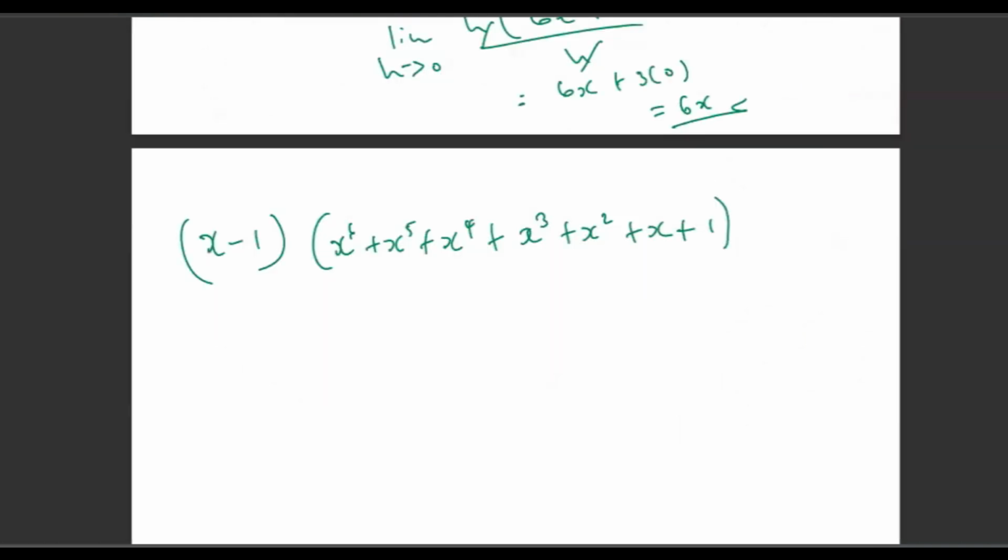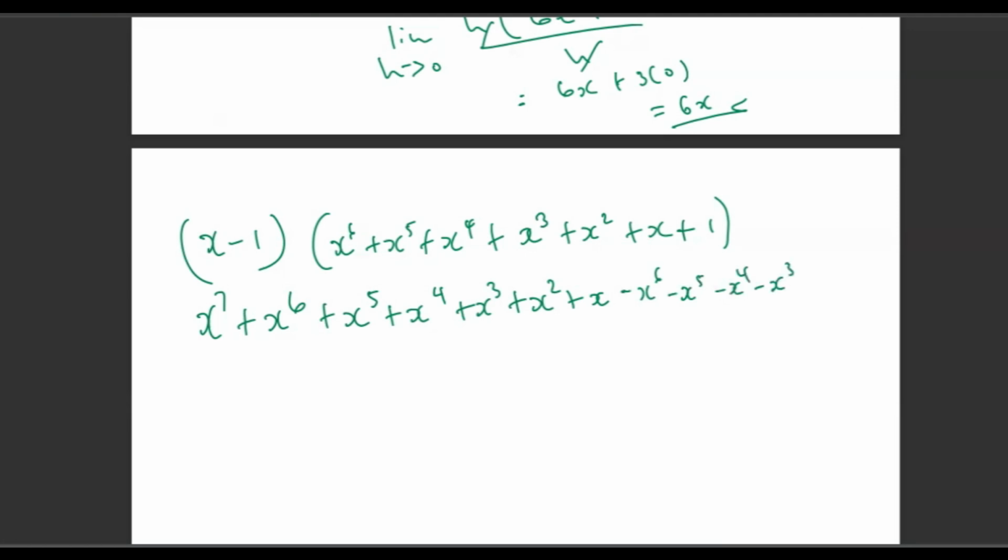So let's open up these brackets. So if I start with x alone, that's going to be x to the 7 plus x to the 6 plus x to the 5 plus x to the 4, x to the 3, x squared plus 1x. Now I'm subtracting everything. Minus x to the 6 minus x to the 5 minus x to the 4 minus x to the 3 minus x squared minus x minus 1.